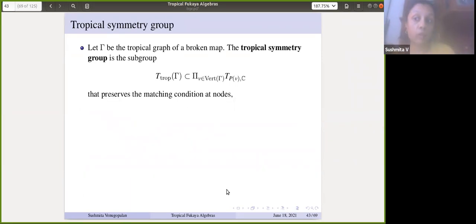Okay, so coming back to the torus actions. You remember that the neck pieces had torus actions, and the cut spaces had a trivial torus action. So there are different tori acting on different pieces. Let's take a product of all of those and consider the subgroup which preserves the matching condition at the nodes.